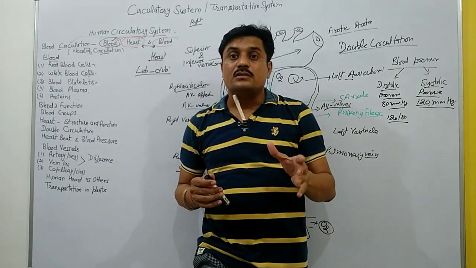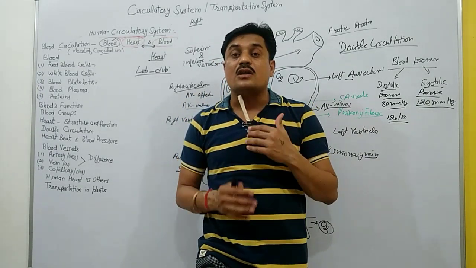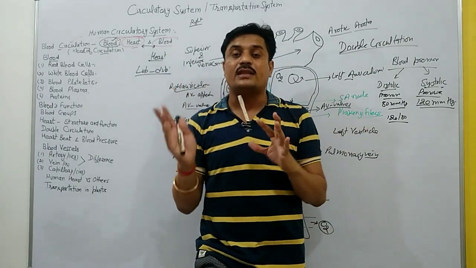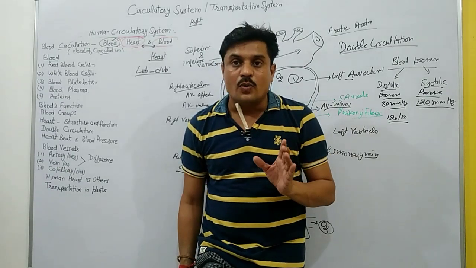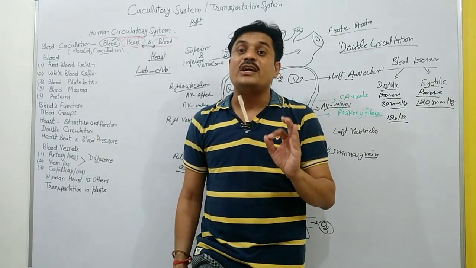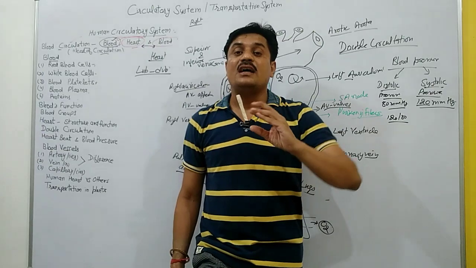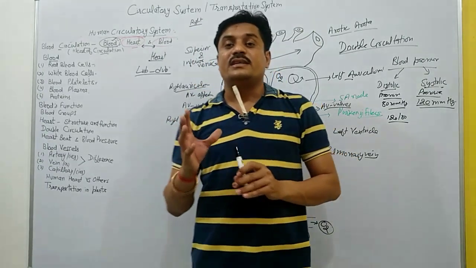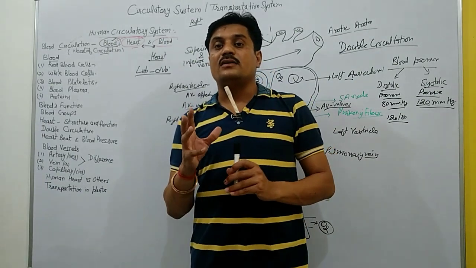Now, there is a question: does the heart keep on beating regularly without taking any rest all through life, from birth to death? The answer is no. The heart works only half the time of the lifespan. It's very interesting to know. What is the heart's working?